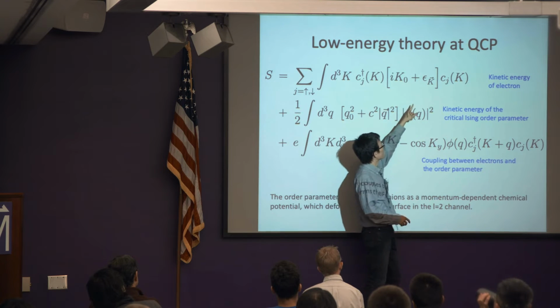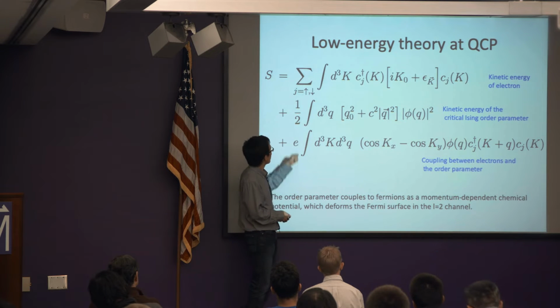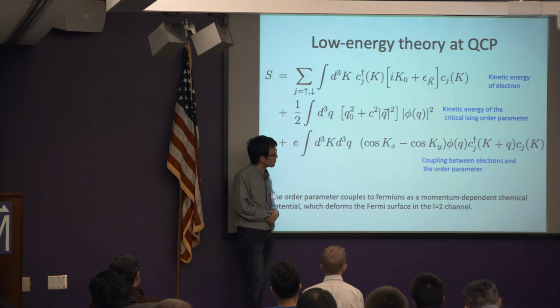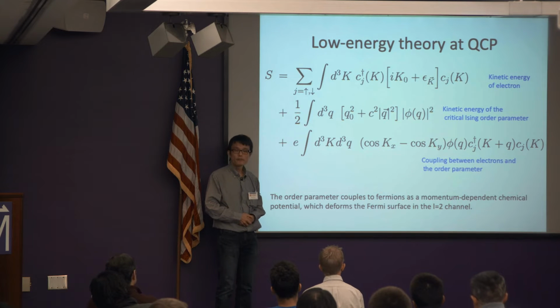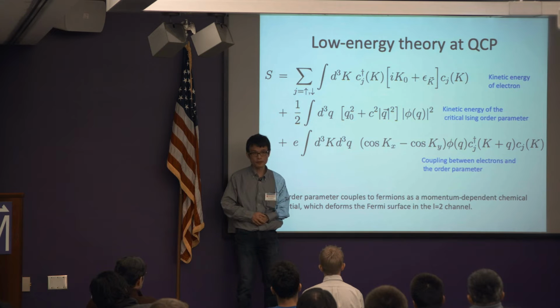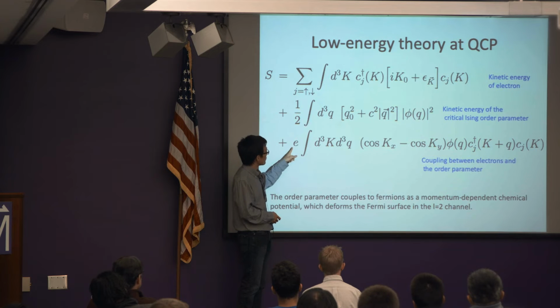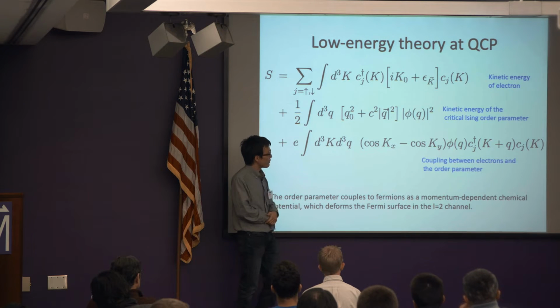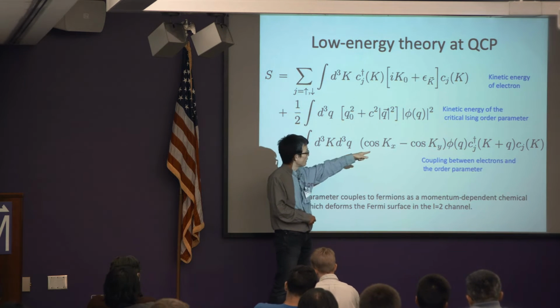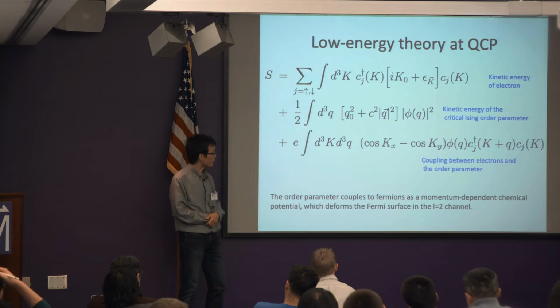And E of k includes all the information about the band structure. And then the second line is the, say, Ginzburg-Landau action for the Ising order parameter written in frequency and momentum space. And then most importantly, you have a coupling between the fluctuating order parameter and electron.